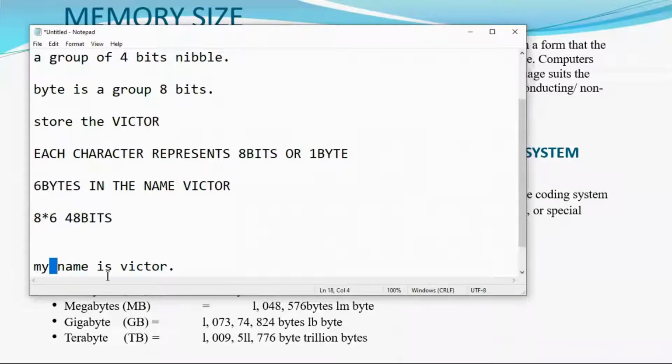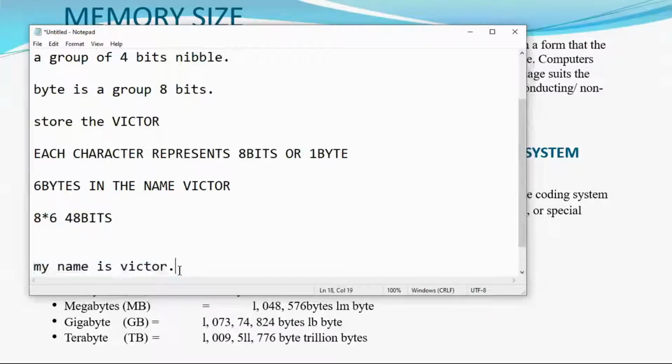So whenever a question like this comes, you have to identify all the characters, including the spaces. If we count how many characters we have, we shall have 1, 2, 3, up to 18, including the full stop. So the full stop must also be stored in the computer.